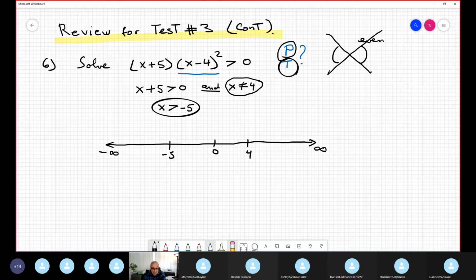So basically, the solution is this interval, stop here and continue here, with parenthesis here because there is no equal sign, and a double parenthesis here, or a hole, it doesn't matter, it's the same. Okay, so what is my final answer? The answer is from negative 5, not including negative 5, comma 4, not including 4, union 4, comma infinity.